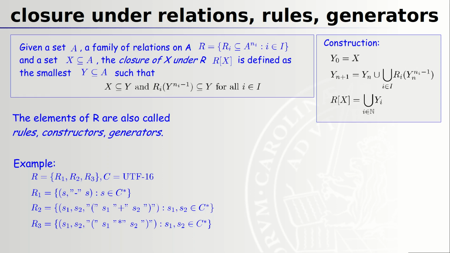V is the set of all non-empty strings of lowercase alphabetic characters. Let those be our identifiers. So with this, what's the closure of V under R?